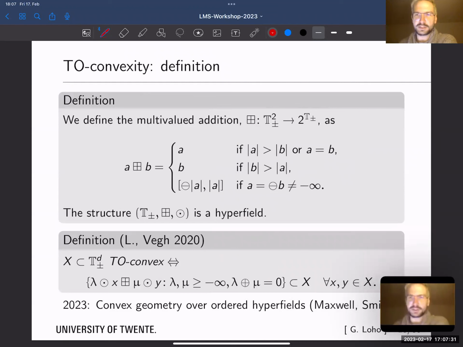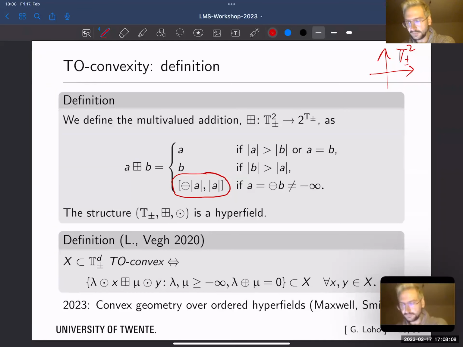Now with this formalism, let's try to define convexity. I don't want to have balanced numbers in my convexity. This is mainly only to model 0, because my convexity should only live in these signed numbers. That's why the multi-valued addition comes in, which now forms the hyperfield with these other operations, the sign tropical hyperfield or real tropical hyperfield.